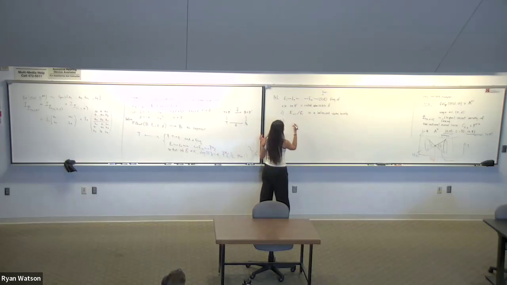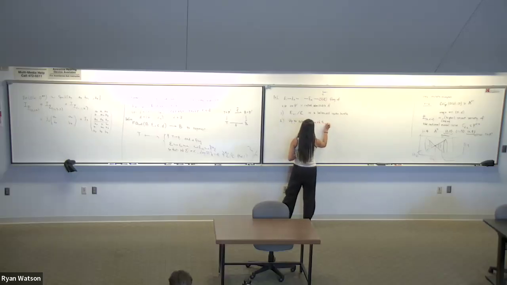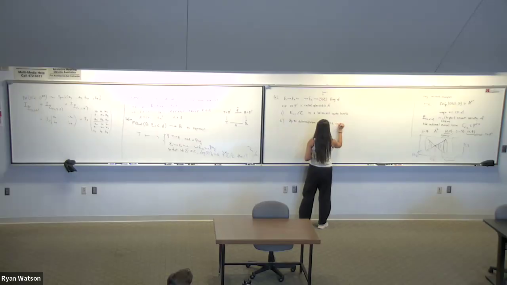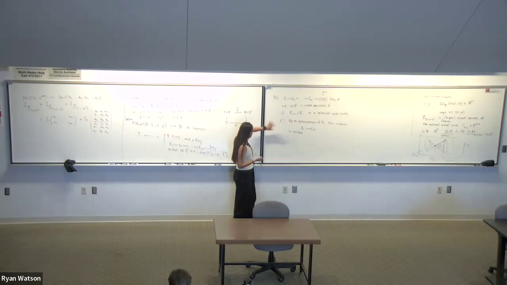And also, up to automorphism of Ei, the inclusion of Ei inside E(i+1) is unique. So when all this happens, the flag is admissible.